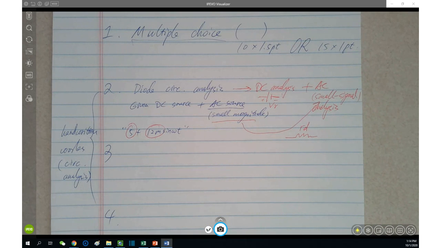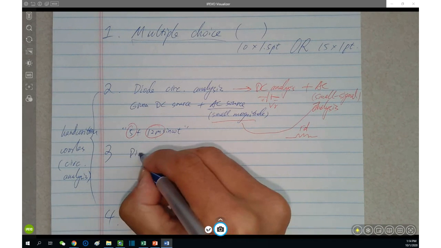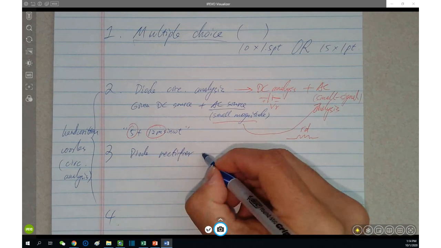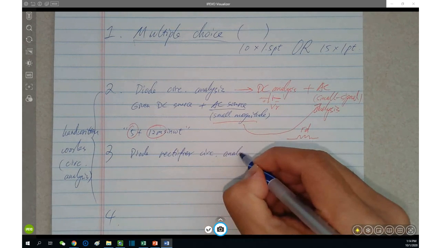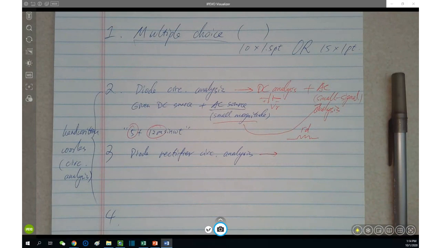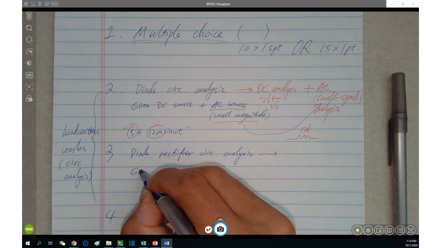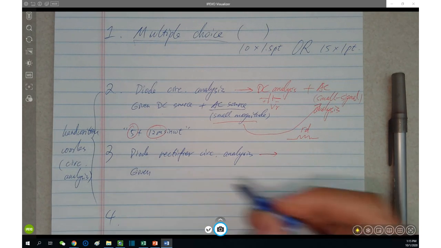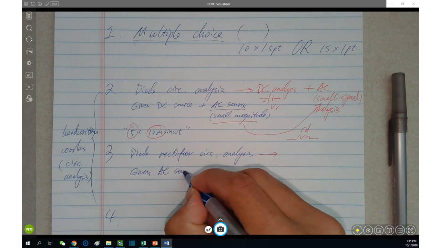And the other calculation problem is the diode rectifier circuit analysis. What does it mean, diode rectifier circuit analysis? Instead of a DC plus AC source, what source this time is given? Anyone remember? Is that the AC source? Exactly, only an AC source. You're not having any DC source.